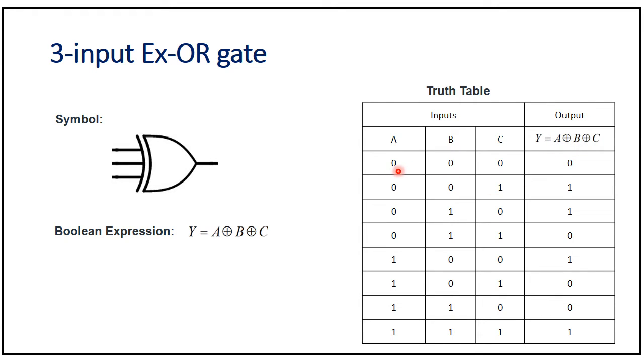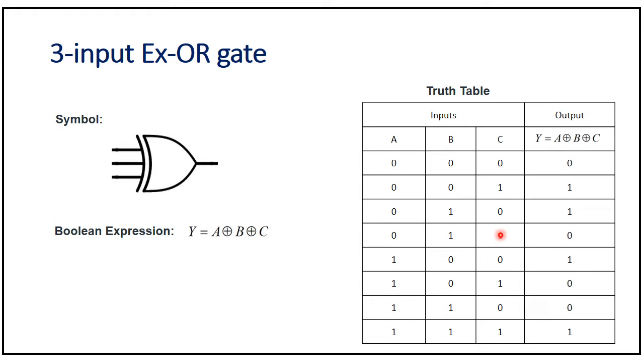Now see, in this case, A is 0, B is 0 and C is 0. So your output is 0. Here we can see B is 0, C is 1. So your output is 1. So in this case, if an odd number of 1s is there, then your output will be 1. If even number of 1s are there, then your output will be 0.